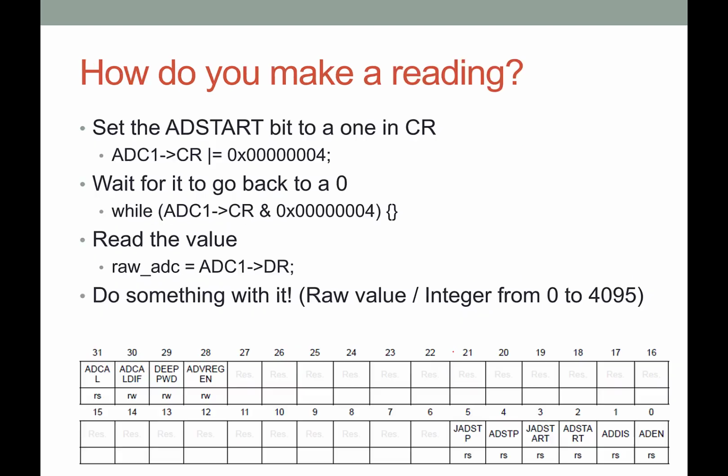And then how do we actually make a reading? So then you're going to see the next part is, okay, we have to set the AD start bit, and that's this bit here, and we have to wait for it to go back to a 0.